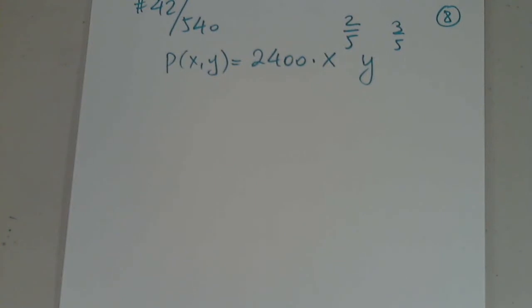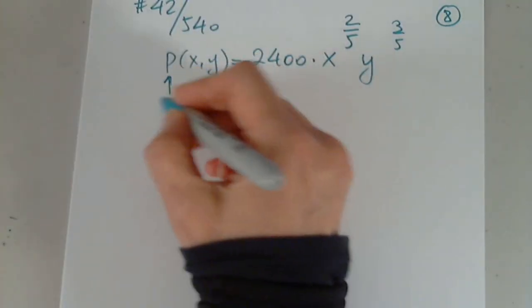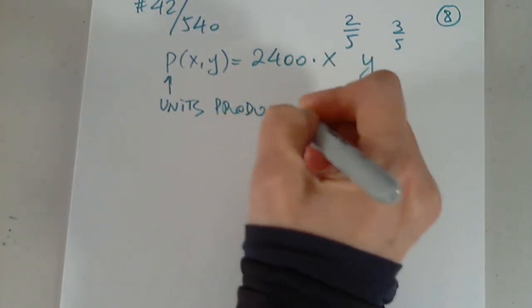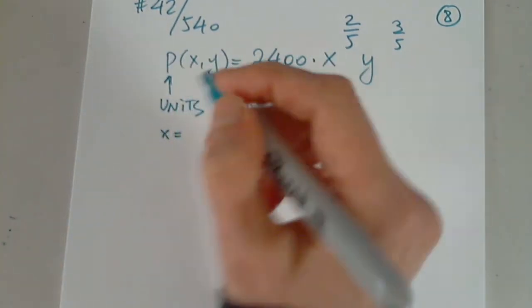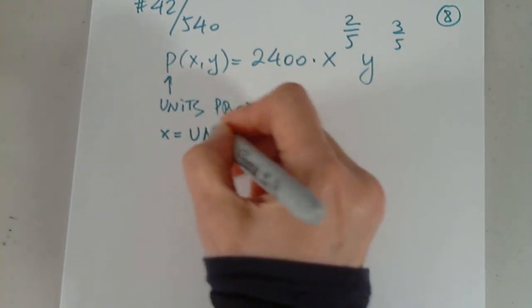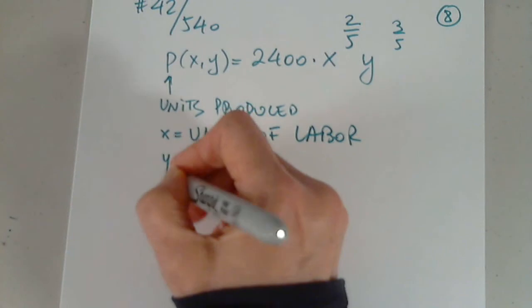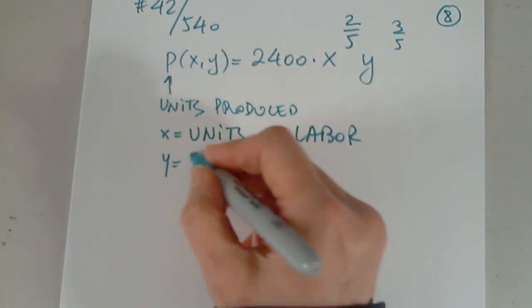P is the number of units produced, X is units of labor, and Y is units of capital.